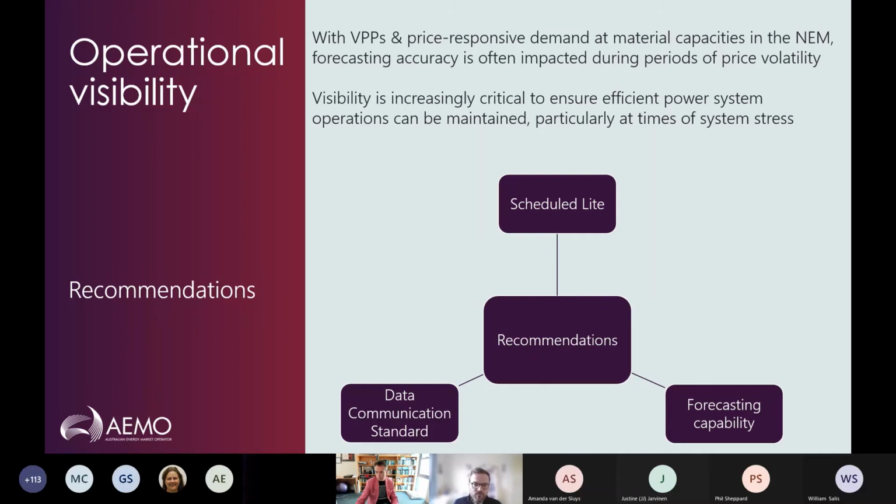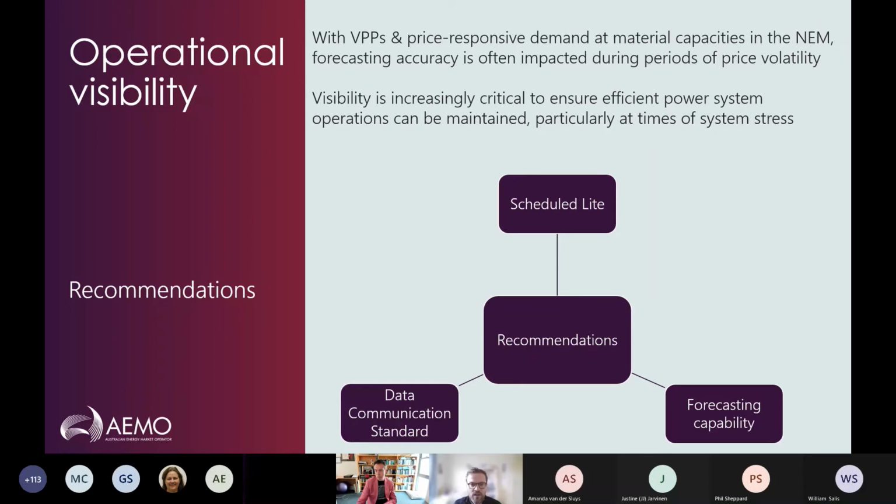And so you'll see in the final report, we've highlighted 3 key recommendations relating to operational visibility. One is to accelerate the design and implementation of the scheduled lite concept. That's something that's coming out of the ESB post 2025 reforms. The visibility that we've had through this project of VPPs is definitely informing the thinking around scheduled lite. So it's not necessarily a right to participation in the central dispatch process.